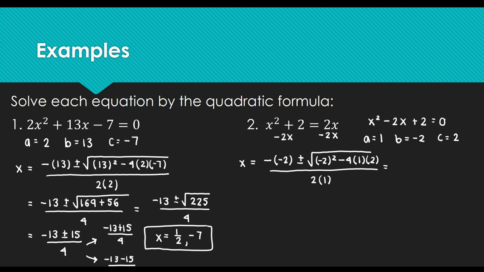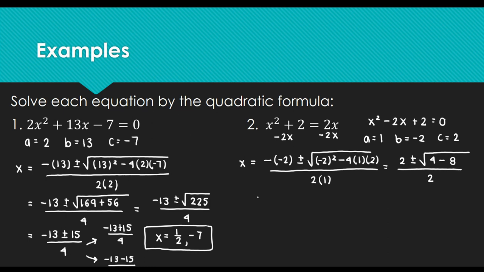So notice that once again, I was very careful to substitute in my numbers with parentheses, because if I look at my negative and then negative 2, that's going to turn that into a positive 2. Plus or minus under the square root, negative 2 quantity squared is 4. And notice that this time I only see one negative sign, and so we're going to be subtracting. 4 times 1 is 4, times 2 is going to get me 8. This is all over 2.